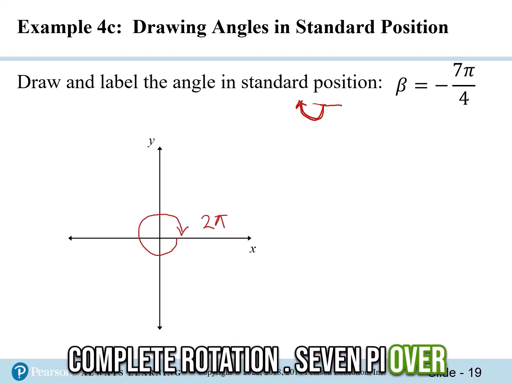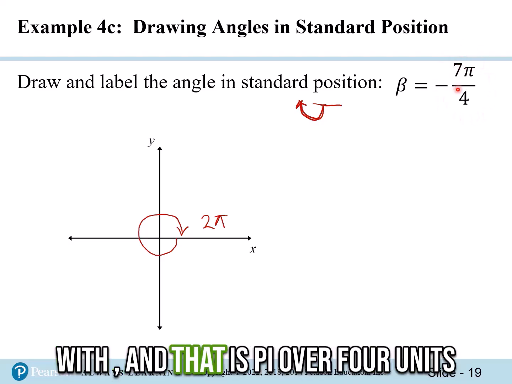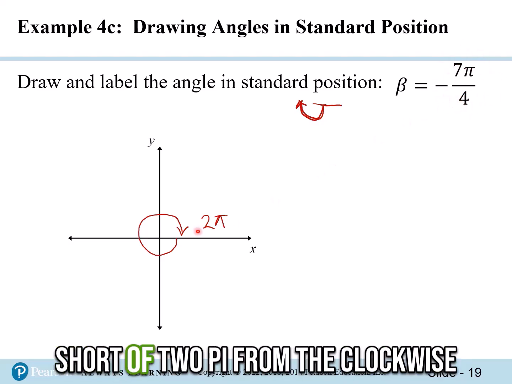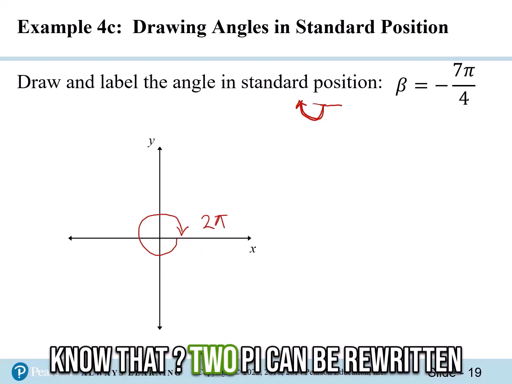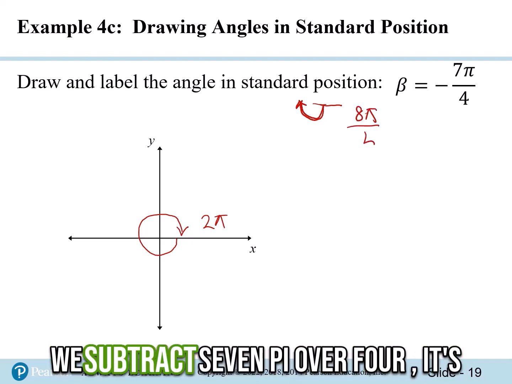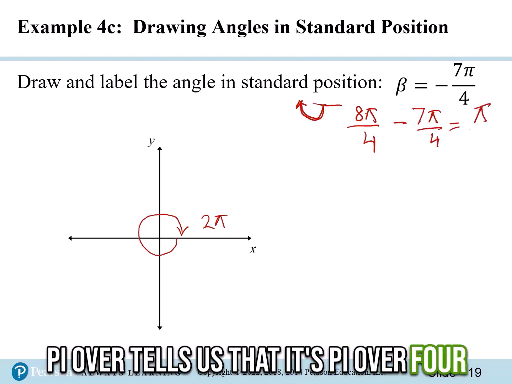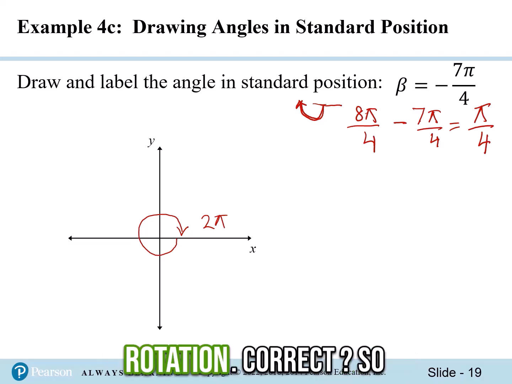7 pi over 4 is the angle that we are concerned with, and that is pi over 4 units short of 2 pi in the clockwise direction, correct? How do we know that? 2 pi can be rewritten as 8 pi over 4, and from it, if we subtract 7 pi over 4, it's pi over 4 units less than a complete rotation.